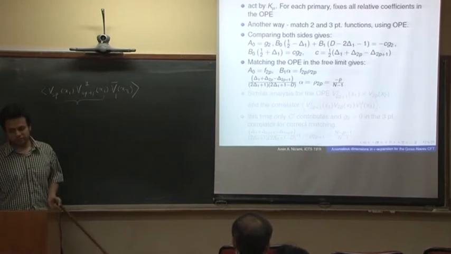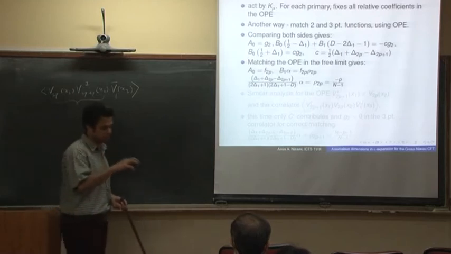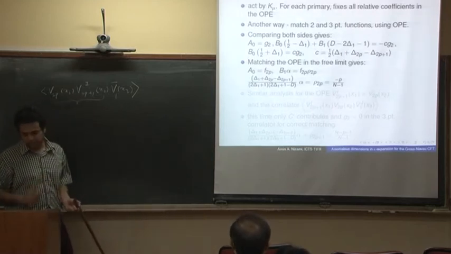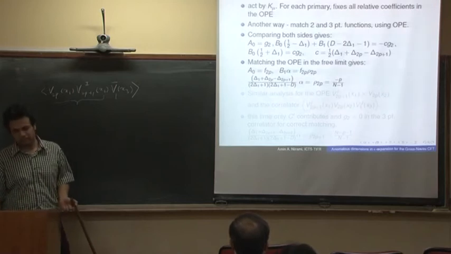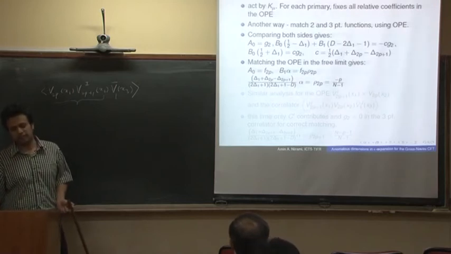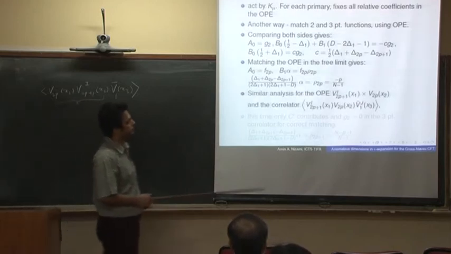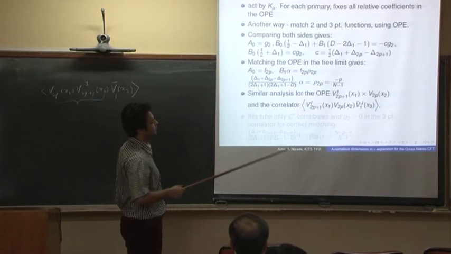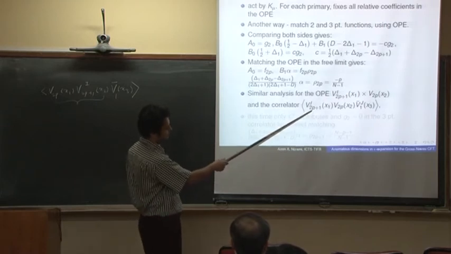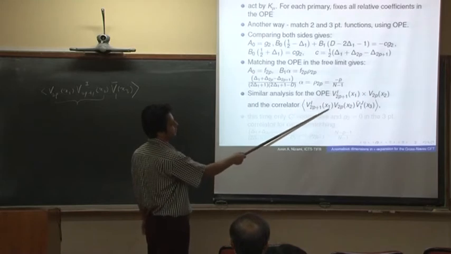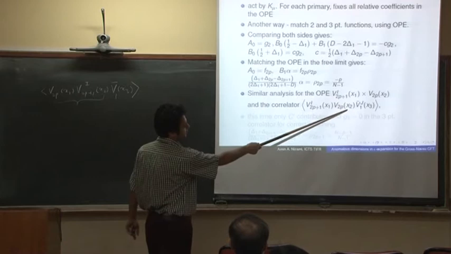Now it turns out that just one relation doesn't suffice in this case because you have bosonic composite operators, and you have fermionic operators. This is an additional feature of this case, and you'll have to do a similar analysis for another 3-point function. So if you want, this is actually the same 3-point function we were discussing earlier, but now in the limit that, say, x1 is 0 and x2 is finite.